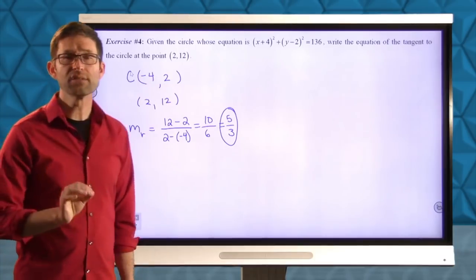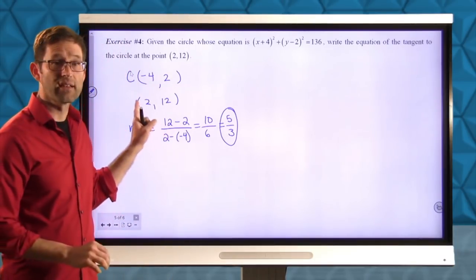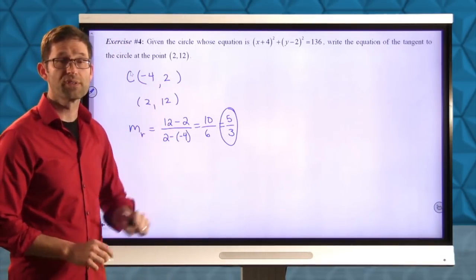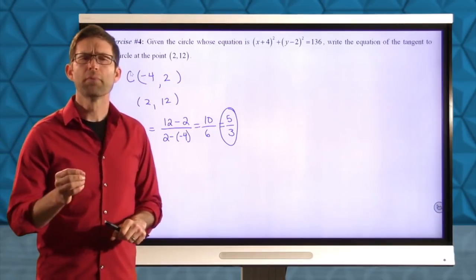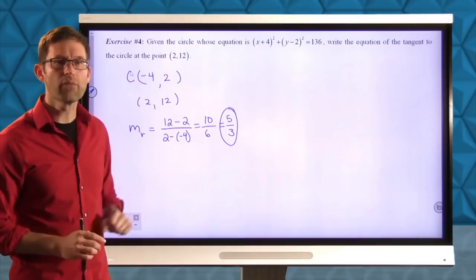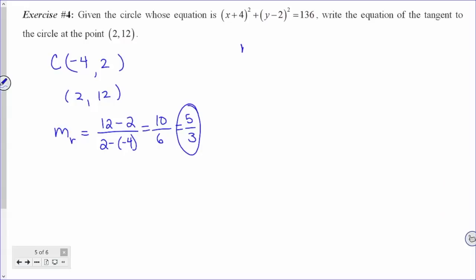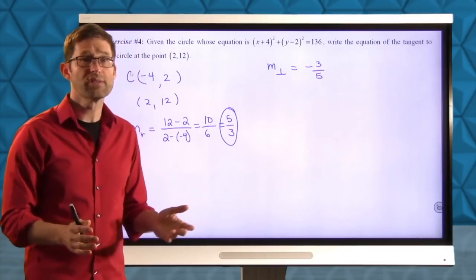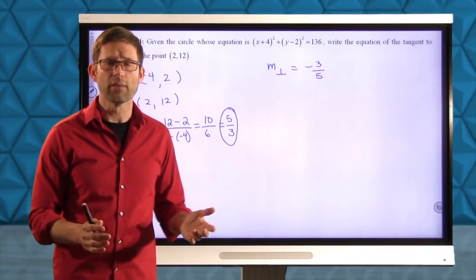Now remember, that is the slope of the radius connecting the point of tangency with the center of the circle. But the actual slope of my tangent line will be the negative reciprocal of that. So the slope of my tangent line will be -3/5.